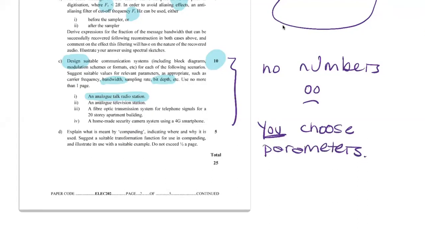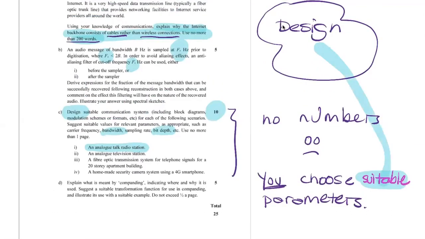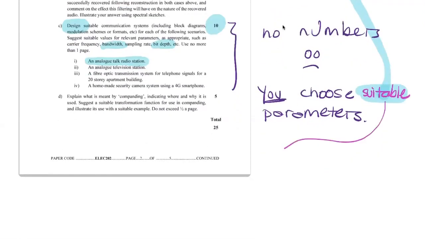And how you choose them is really important. So you need to choose suitable parameters. And this suitable, that's what makes it a design exercise. You need to be able to select what parameters are suitable. Okay, so this suitability comes down to things like constraints. It comes down to things like the nature of the data.